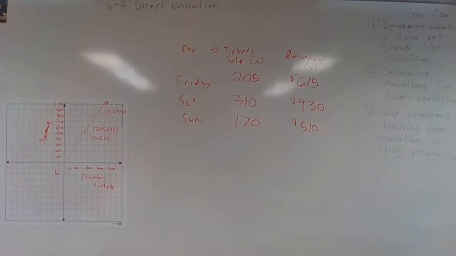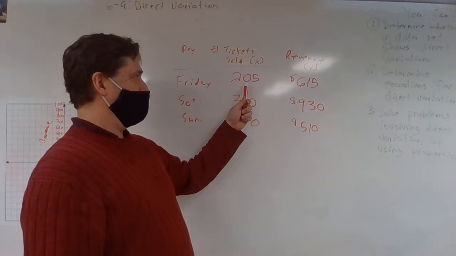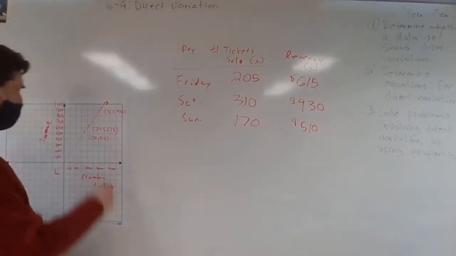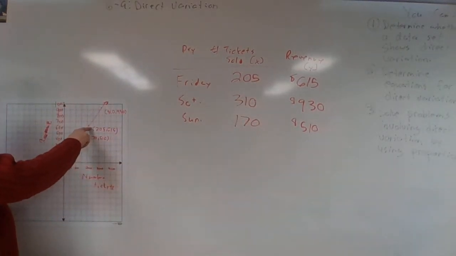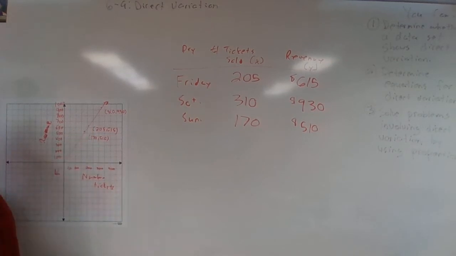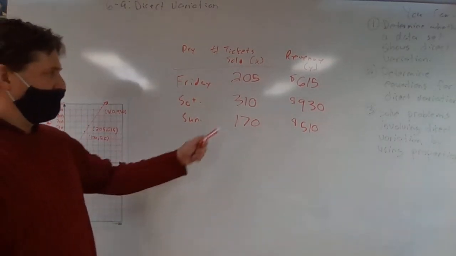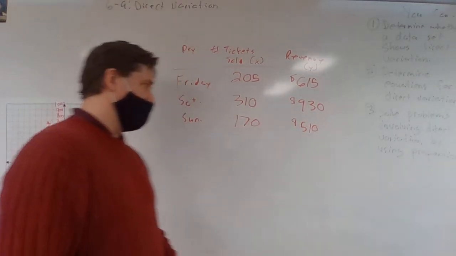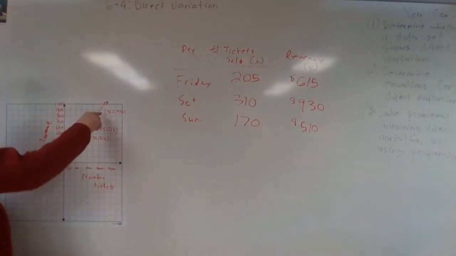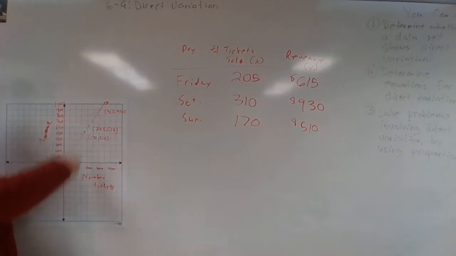And then, just like any other graph, this is my coordinate I can plot, 205 and 615, which I plotted right here. This is approximately 205 and 615, 205x, 615y. Plot this coordinate, 310 and 930. There it is, way up here, 310 and 930.